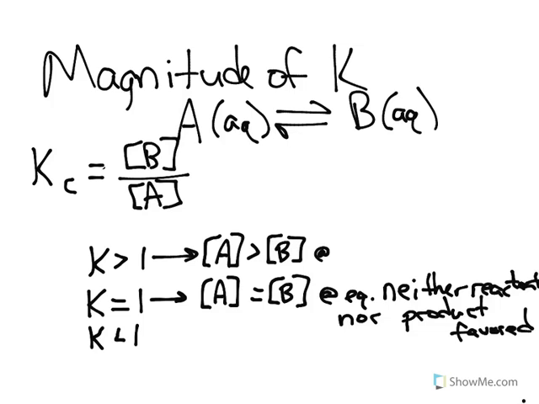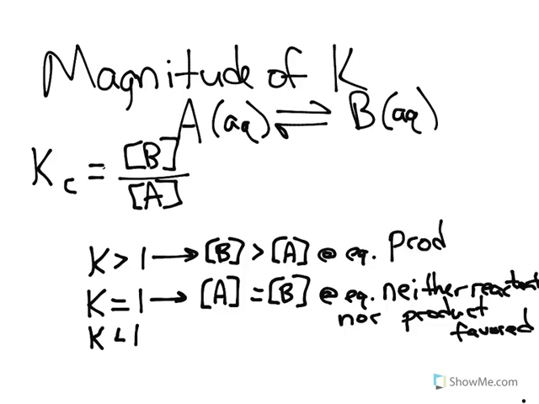Whoa, I wrote that so backwards. My apologies. Let me try that again. The concentration of B is going to be greater than the concentration of A at equilibrium. We can say this is a product-favored process. This equilibrium, when it's established, is leaning more towards the product side. You're going to end up seeing more B than you have of A.